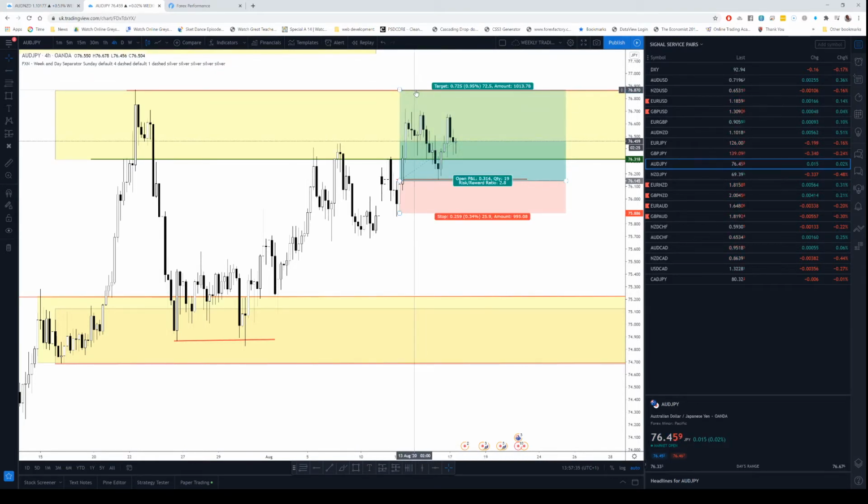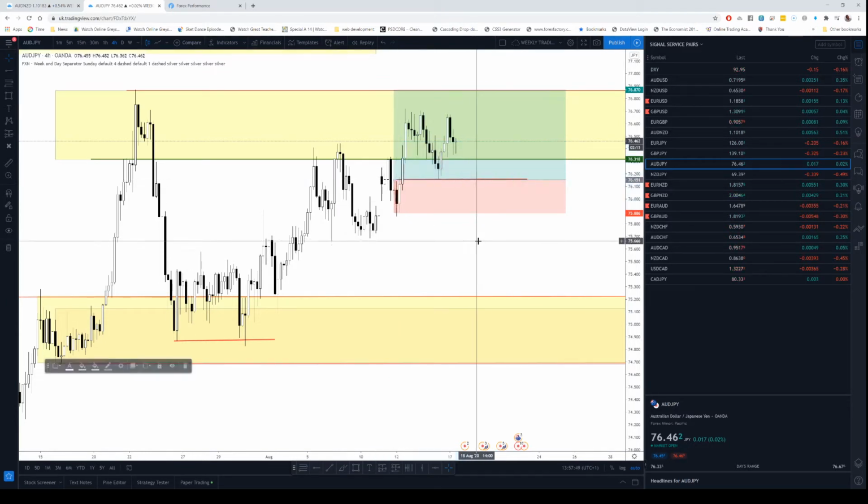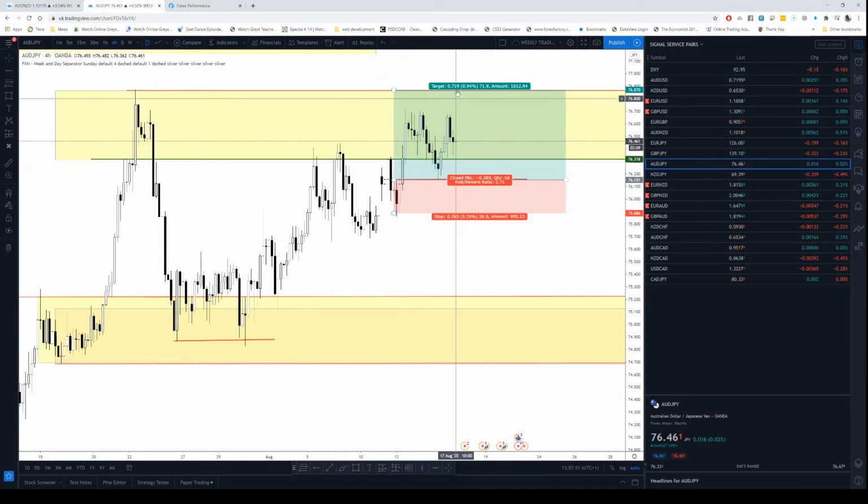I personally am not in this one, and I didn't take it, but it was a trade idea that I said is possible. I personally wouldn't be taking it. So if you're long, keep it and look for that high to be run.